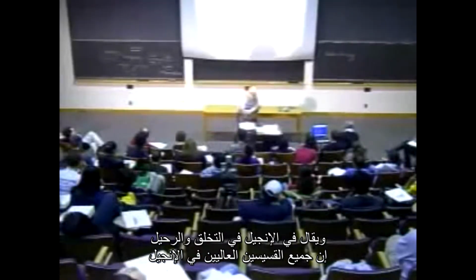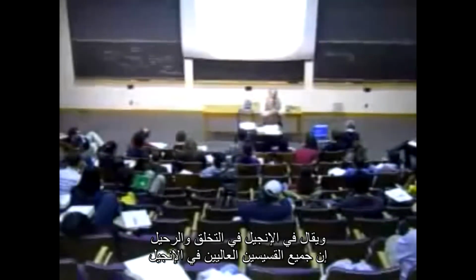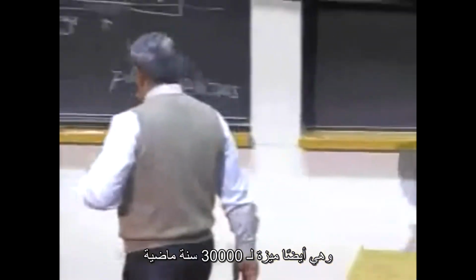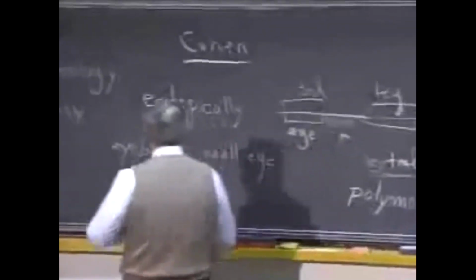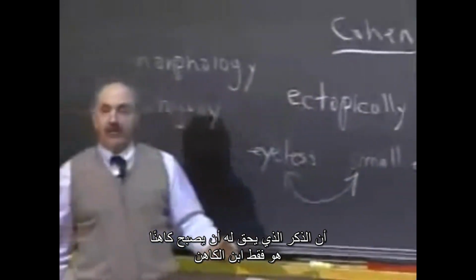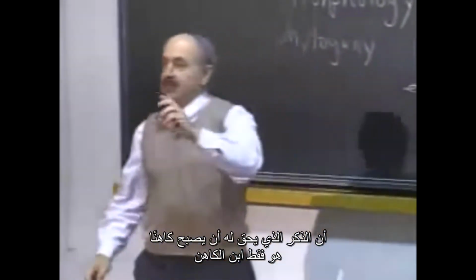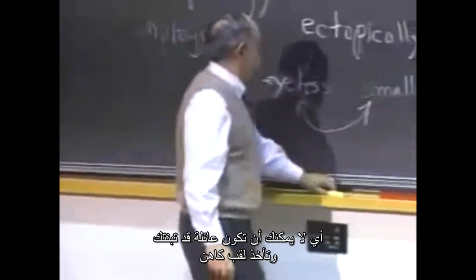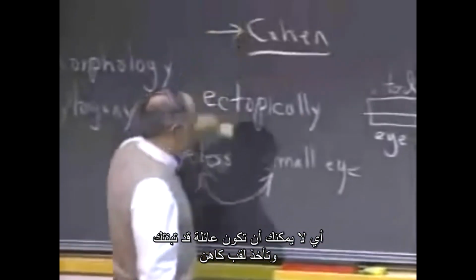And it says in the Bible, in Genesis and Exodus, that all the high priests in the Bible are the descendants of Aaron, the brother of Moses. And it's also been the practice for the last 3,000 years that the only male who can become a Cohen is the son of a Cohen. In other words, you cannot be adopted into a family and acquire the name Cohen.